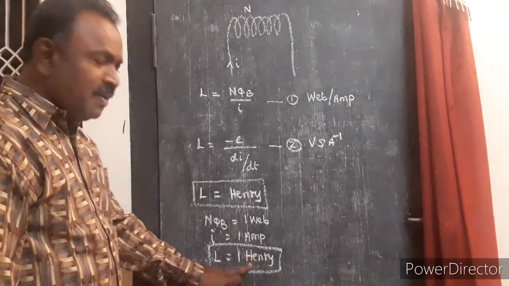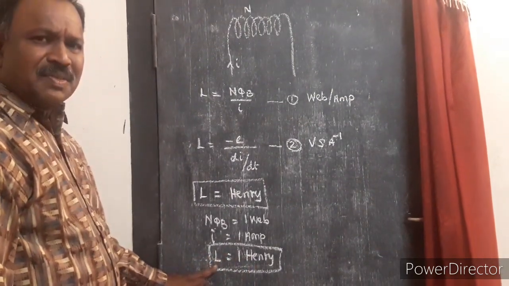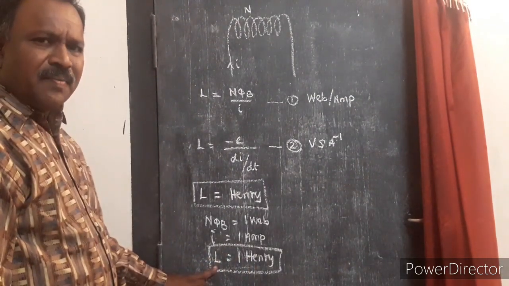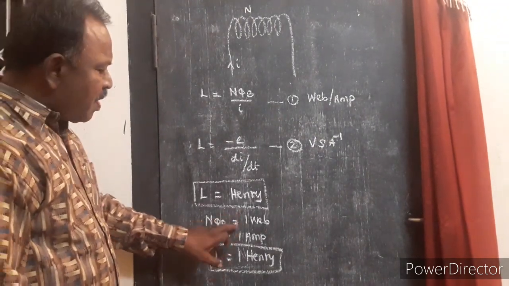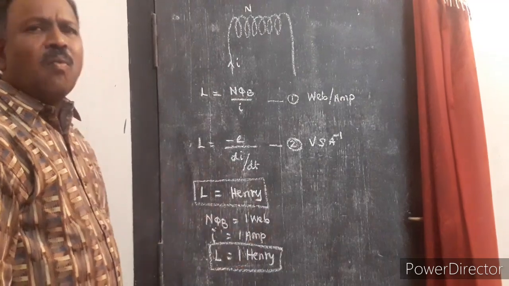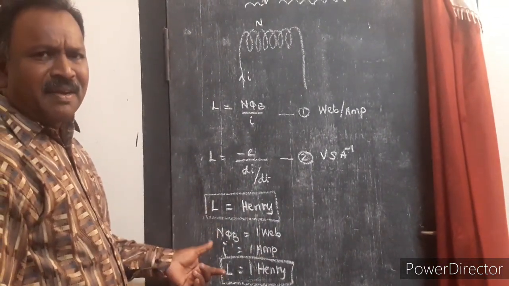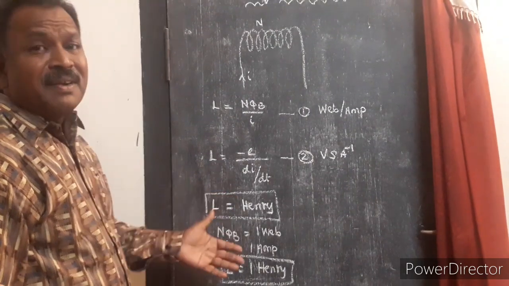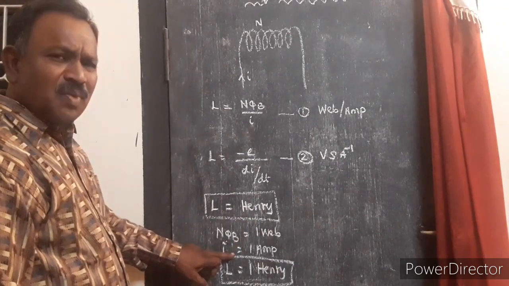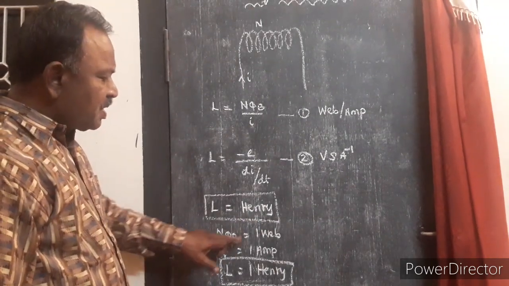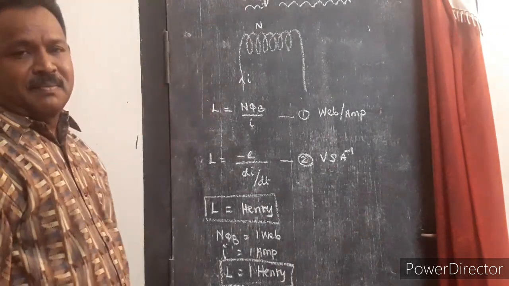So Henry is defined as the self-inductance of a coil when 1 ampere current passes through the coil and produces a flux linkage of 1 Weber.